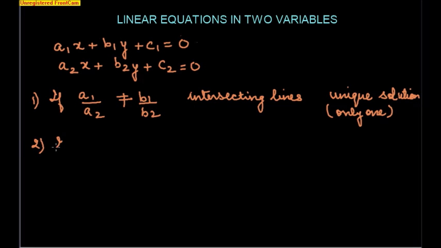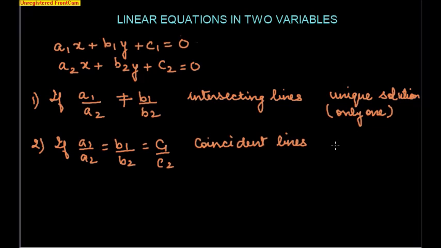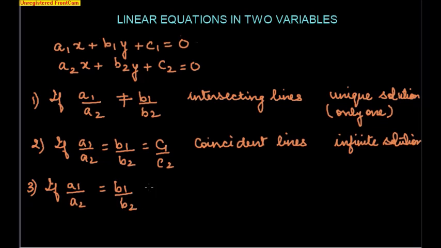The second condition, if a1 upon a2 is equal to b1 upon b2 is equal to c1 upon c2, then the lines will be coincident, that is overlapping each other, and there will be infinite solutions. Third condition, if a1 upon a2 is equal to b1 upon b2 is not equal to c1 upon c2, the lines will be parallel lines and there will be no solution.